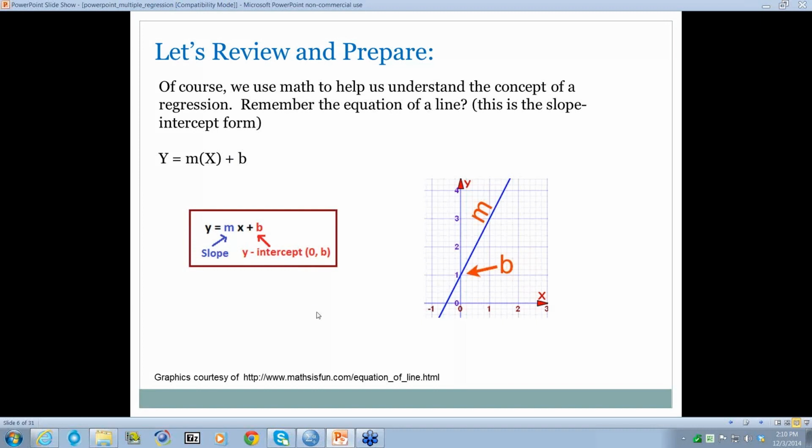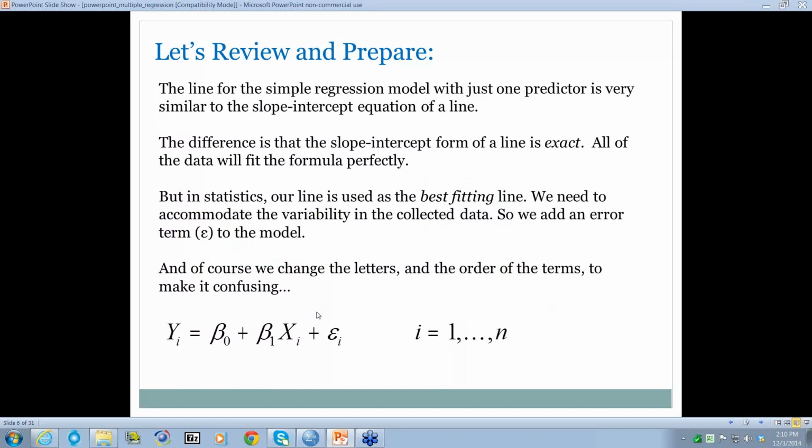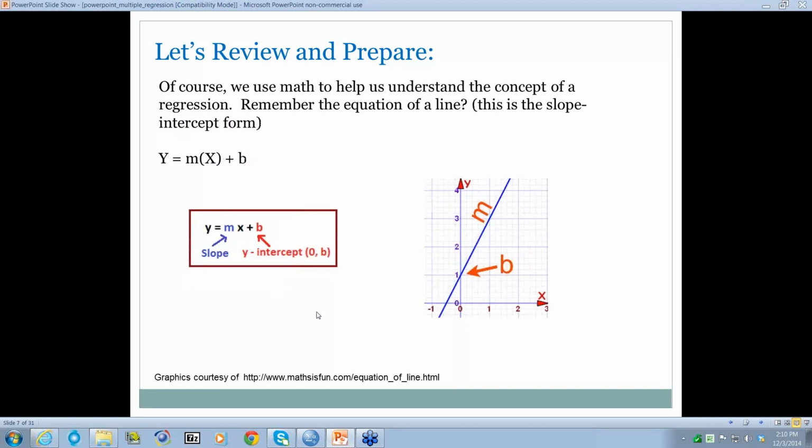So let's go on to the next one. The line for the simple regression model with just one predictor, remember it has just one in the simple, is very similar to that slope-intercept equation of a line. The difference is that the slope-intercept form of a line is exact. All of the data fit the formula perfectly. So if you look at this line here, there's no data off here, there's no data up here.